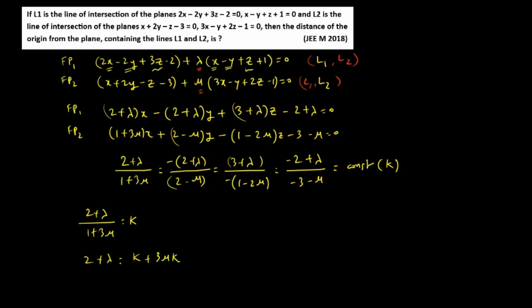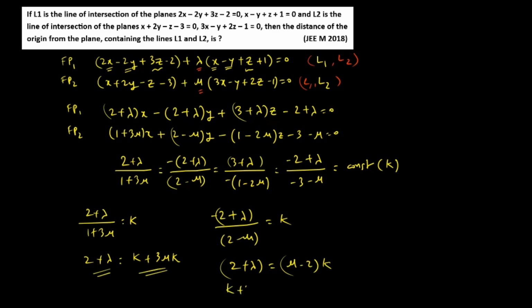If we use the other equation, then minus of 2 plus lambda is 2 minus mu times k, so 2 plus lambda, if I multiply everything by minus 1, is mu minus 2 into k. But we already know from the first that 2 plus lambda is k plus 3 mu k, that should be equal to mu k minus 2k.